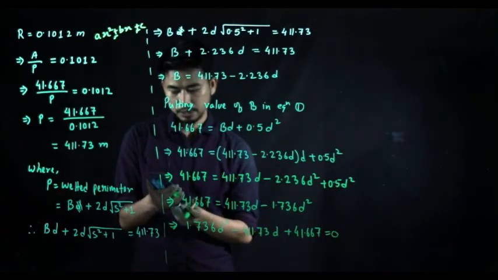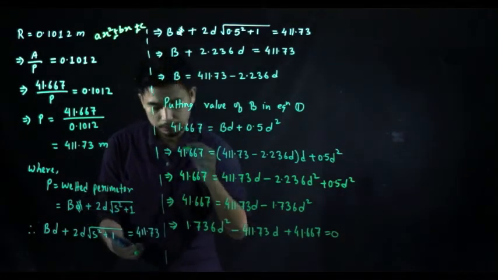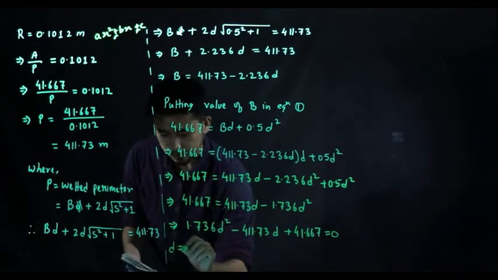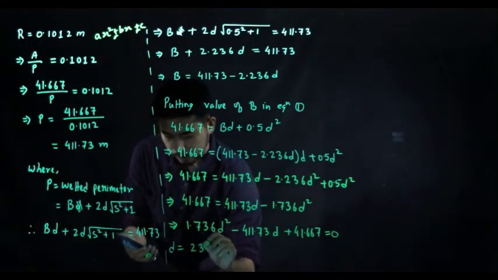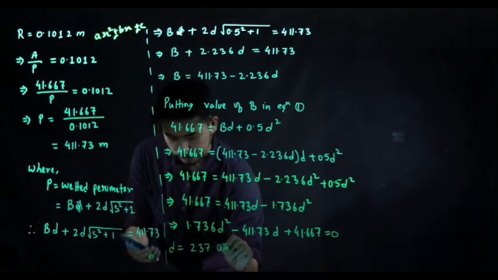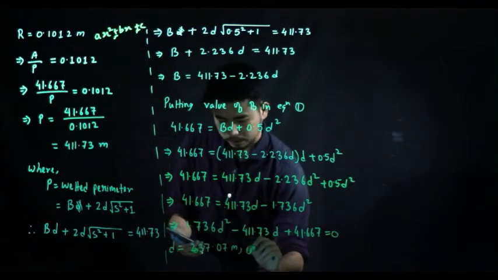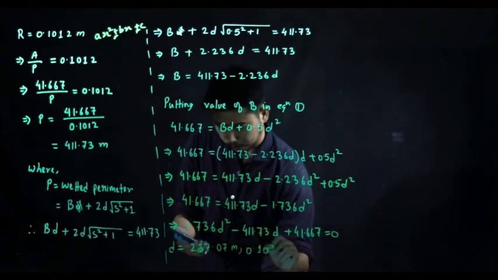Once you solve this, you will get the D values. By solving this, one D value is 237.07 meter and the other value is 0.1012.